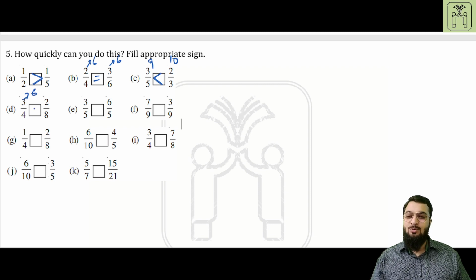Therefore rule number 1, greater the numerator, greater the fraction. 3 upon 5, 6 upon 5, same denominator, will have the less than sign. 7 upon 9, 3 upon 9 will have the greater than sign. 1 upon 4, 2 upon 8 are equivalent fractions, therefore equal sign, because 2 upon 8 in its simplest form is 1 upon 4, or 1 upon 4 multiplied by 2 for both numerator and denominator will give you 2 upon 8. 6 upon 10, 4 upon 5, so LCM, 5 will become 10, 4 into 2, 8, so greater the numerator, greater the fraction. 3 upon 4 and 7 upon 8, so this will become 3 to 6, less than sign. 6 upon 10, 3 upon 5, so 5 2s are 10, 3 to 6, equal sign. 7 3s are 21, 5 3s are 15, and this will be the equal sign.